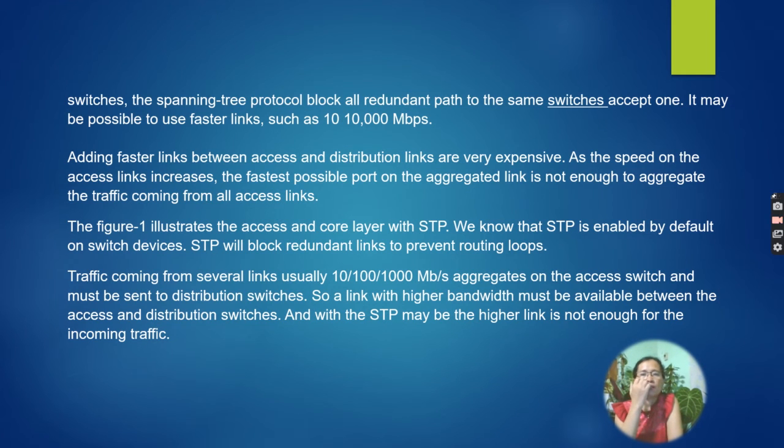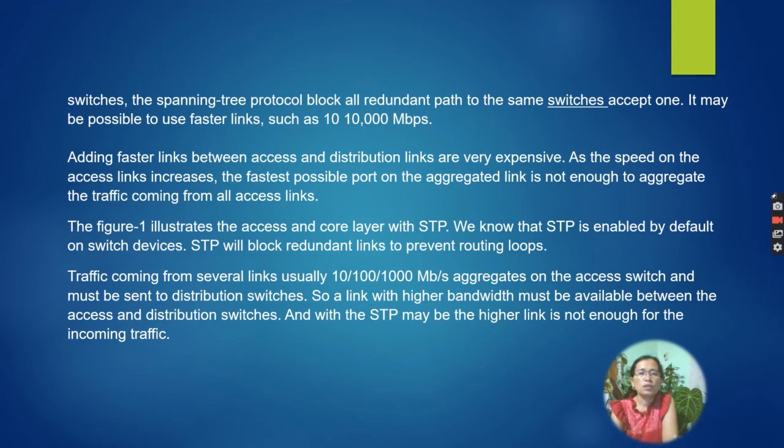Adding faster links between access and distribution layers is very expensive, as the speed of the access links increases. The fastest possible port in the aggregated link is not enough to aggregate the traffic coming from all access links.